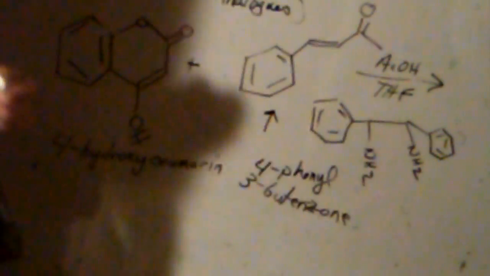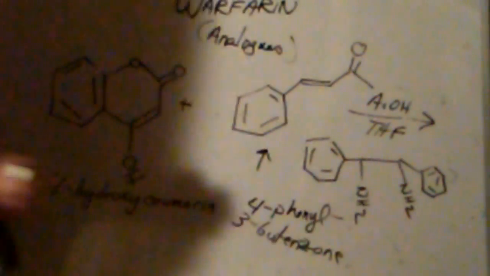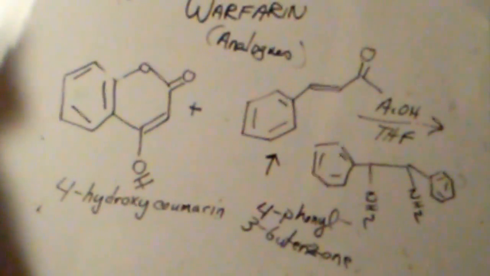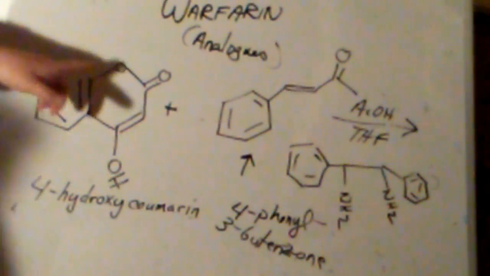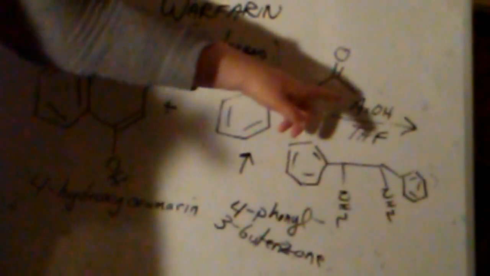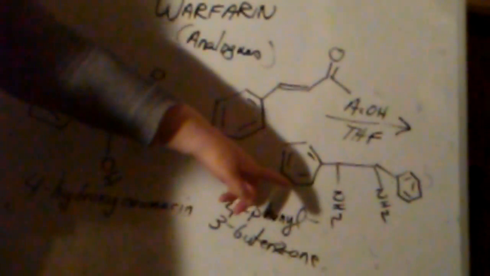Okay, 3-butene-2-one. So it's 4-phenyl-3-butene-2-one, is this compound up here. You take this with this in the presence of acetic acid, THF, and a catalyst that's called depend.